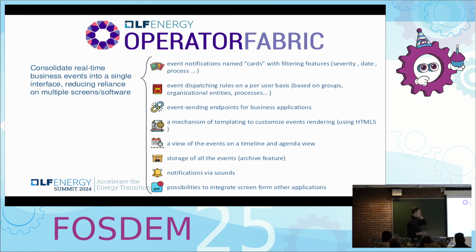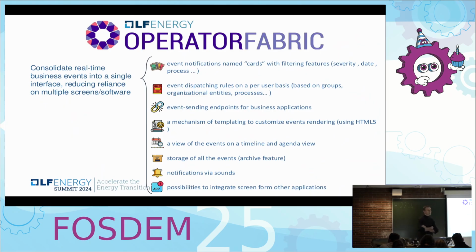The first part is centralizing real-time business events. In the software, as we will see in the demonstration, we have a concept named cards that show events. Events are notifications. We can dispatch events, depending on rules, to the right operators.